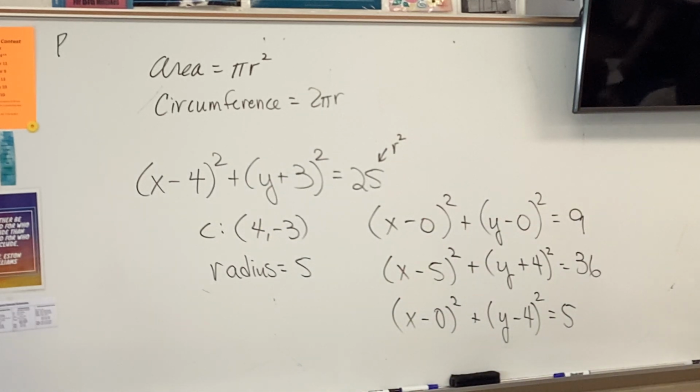Number 9. What's the center? 9a. The center is (2, -3) and the radius is 4. B. Center is (-5, 0) and the radius is square root of 7.